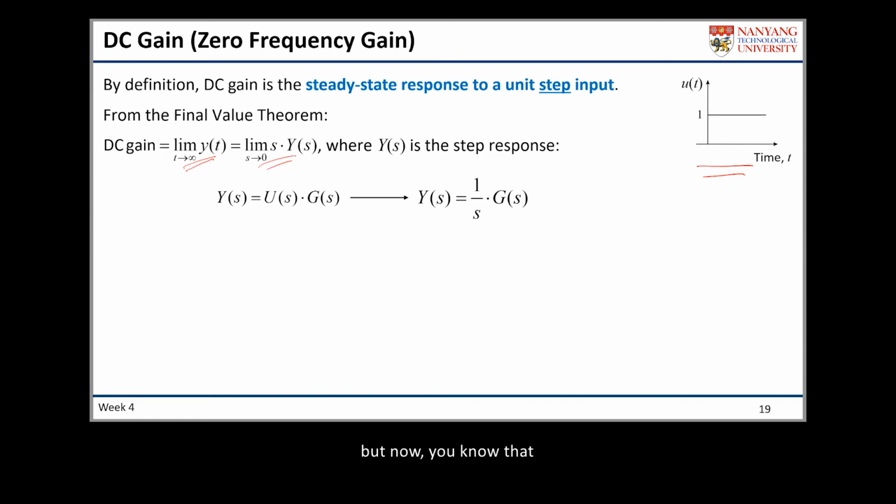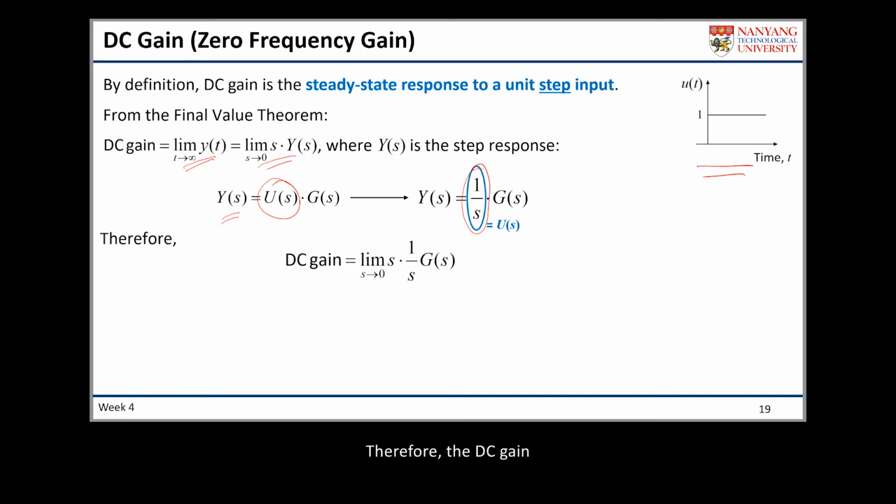But now you know that Y is the unit step response, where the input U(s) is equal to 1 over s in the Laplace domain. That is the Laplace of the unit step signal. So from here, you know that Y(s) is equal to 1 over s times G(s).